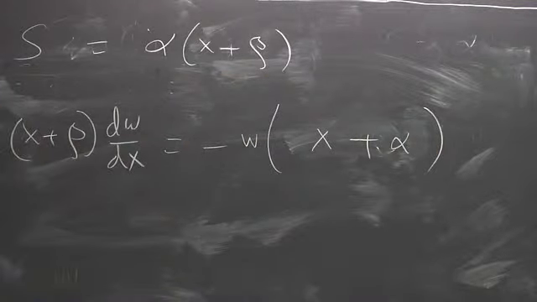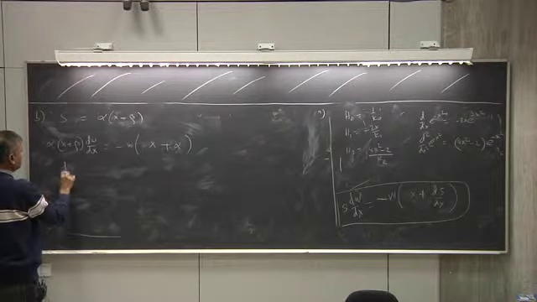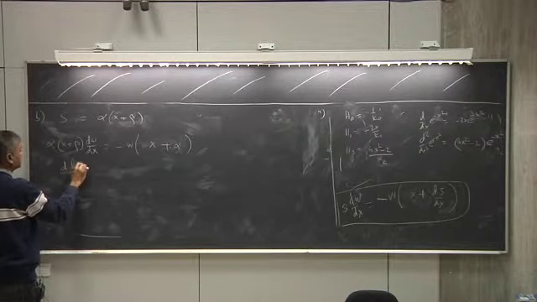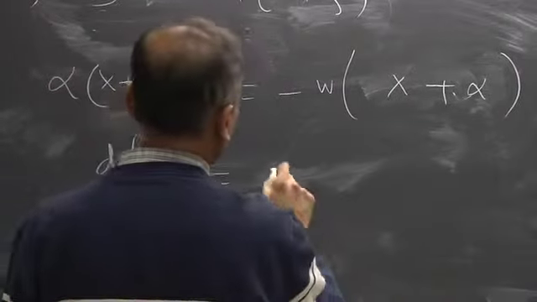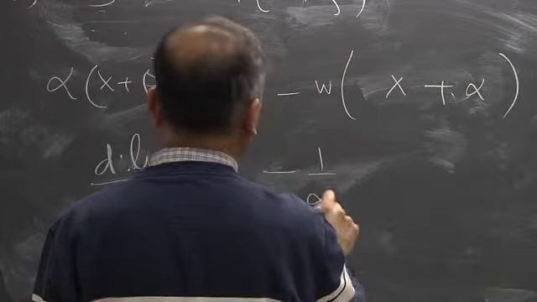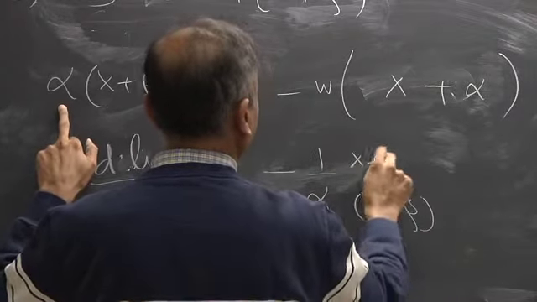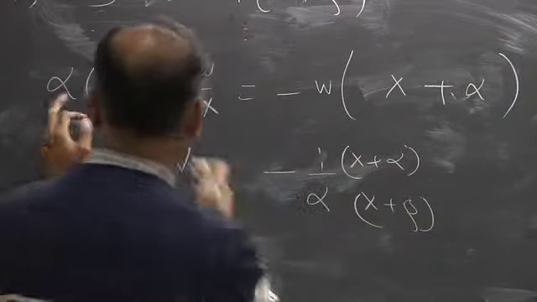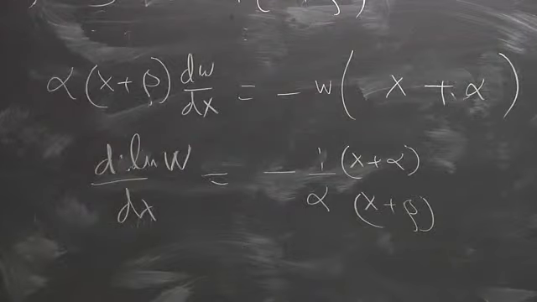Okay, so again I can do the same thing. d log w by dx is equal to minus 1 over (alpha x plus beta) times (x plus alpha). I just divide by this and divide by w.